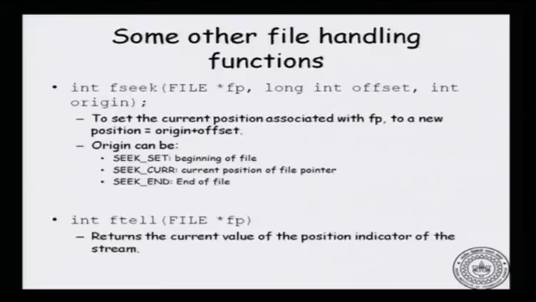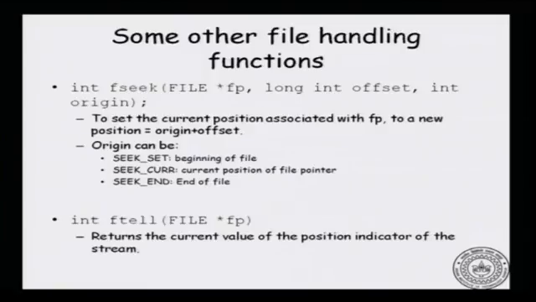Now, here are a couple more interesting functions. They are very useful and quite commonly used whenever we deal with files. For example, we have something called fseek. fseek is a function which allows you to start reading from or start writing to arbitrary locations in the file.